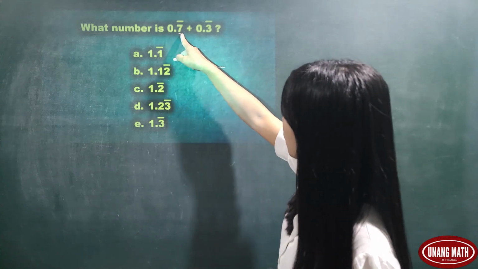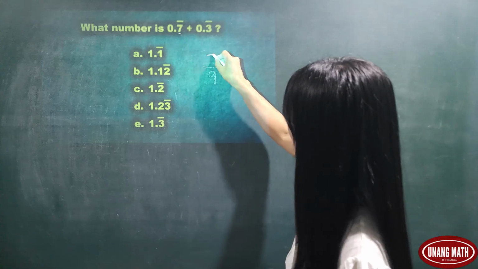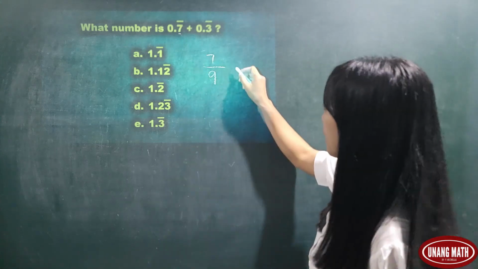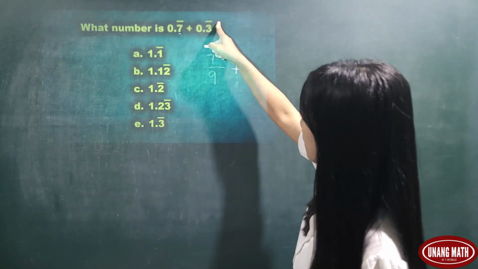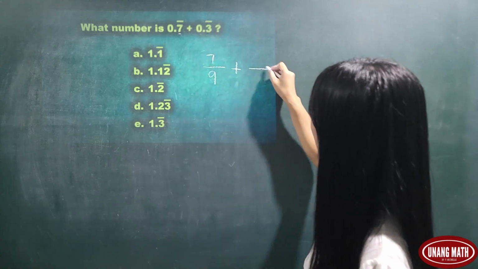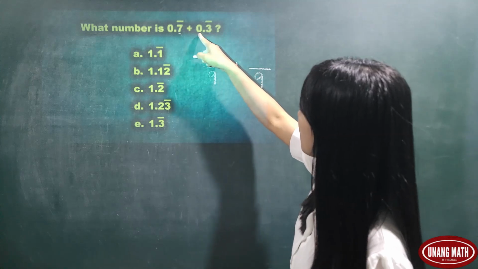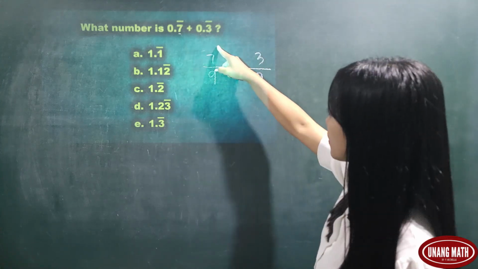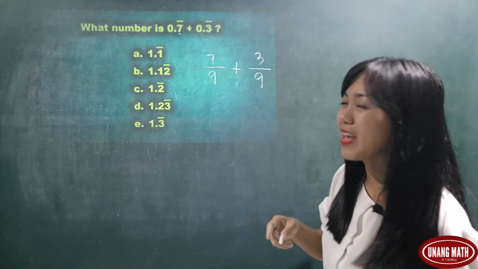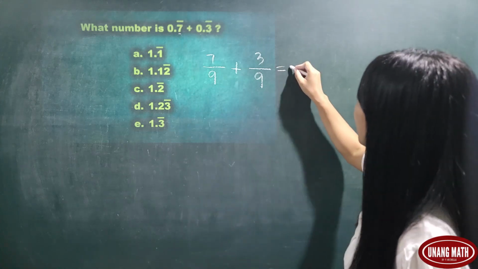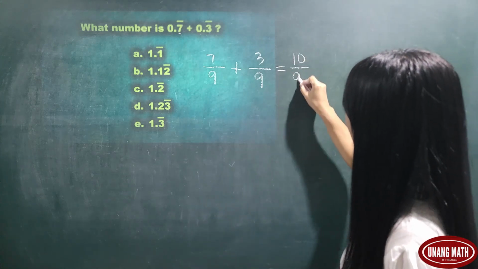To get the numerator, 7 minus 0, so it's 7. Okay, plus, what about 0.3 repeating? For the denominator, 3 is repeating, so this is 9. Numerator, 3 minus 0 is 3, so 7 over 9 plus 3 over 9. And this is equal to 10 over 9.